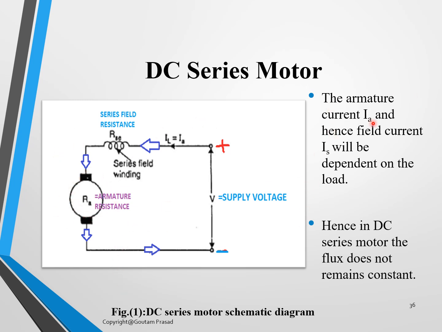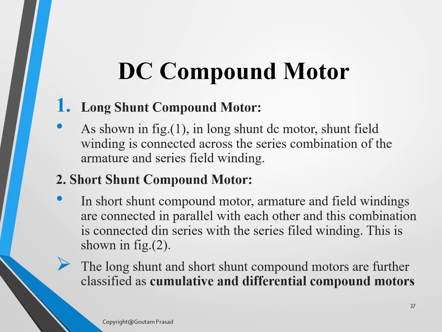This armature current, and hence IA, and hence the current IS will depend on the load, and hence the DC series motor flux does not remain constant. With the varying load, this current will keep on changing, so the field strength will also keep on changing.